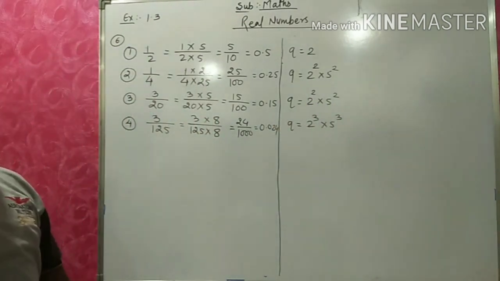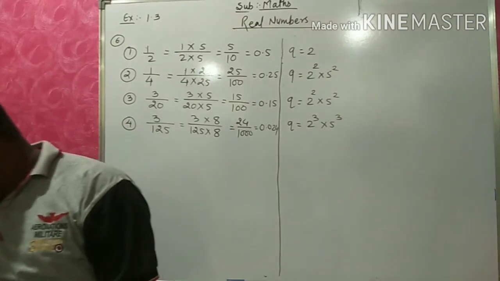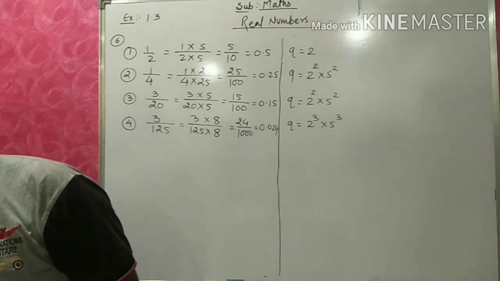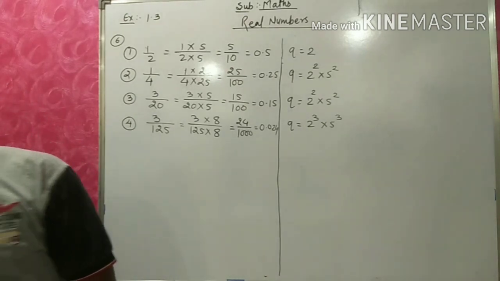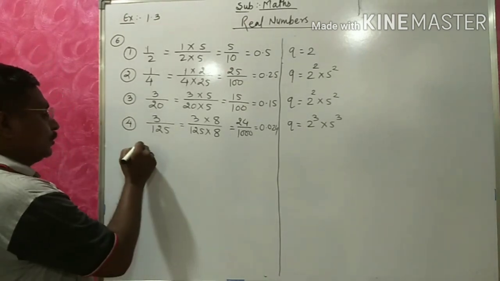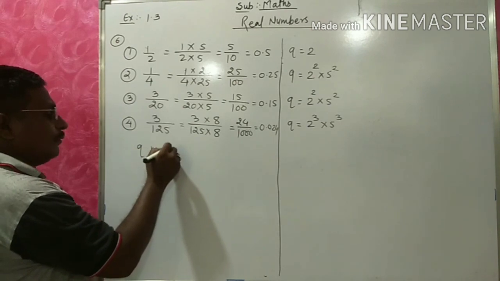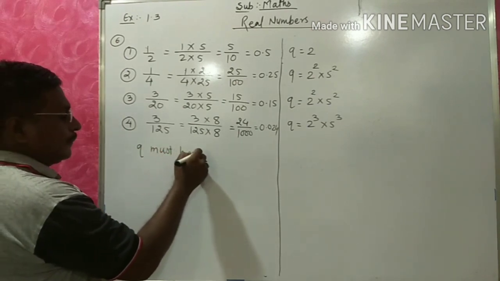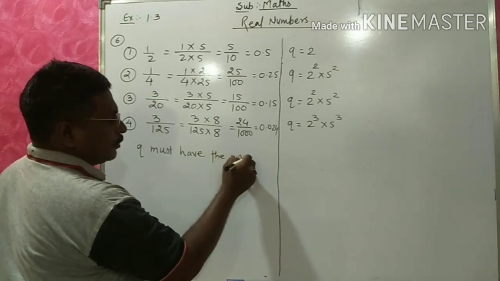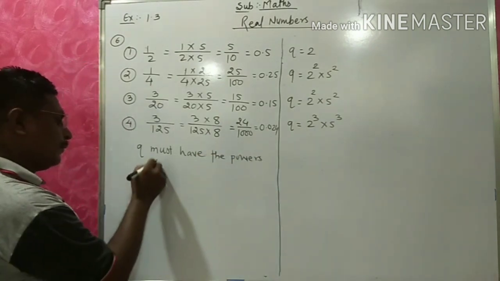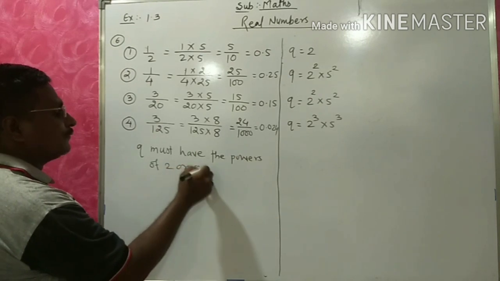Q is in the form of powers of 2 and 5. Q must have the powers of 2 or 5, or both.